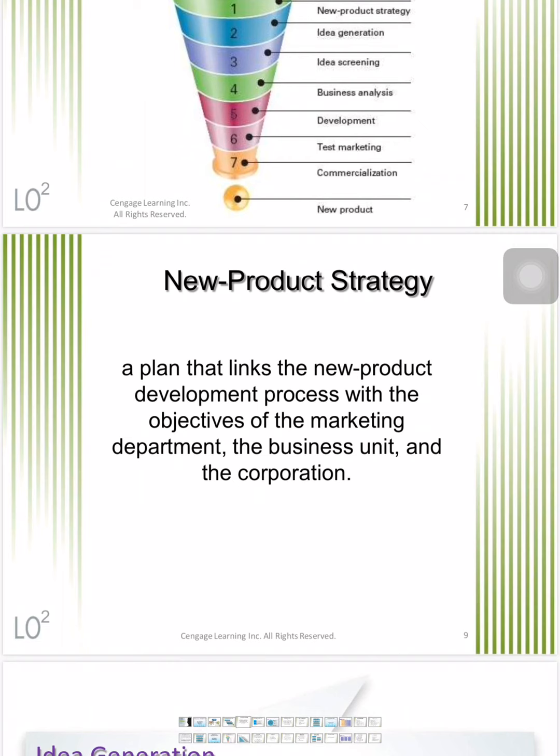The functional departments have to work together in order to develop a new product. Okay, so when it goes to the process, the functional departments have to work together, like marketing department, business unit, and also the corporations.